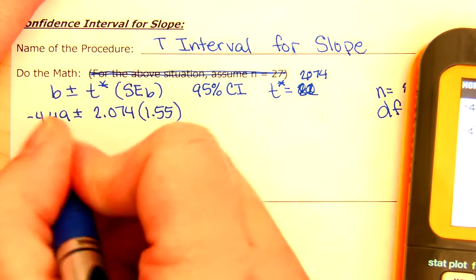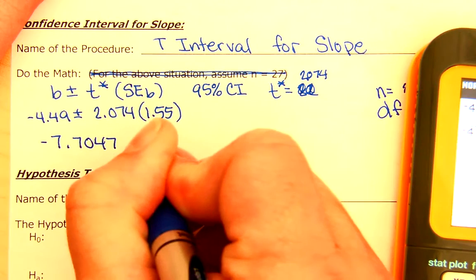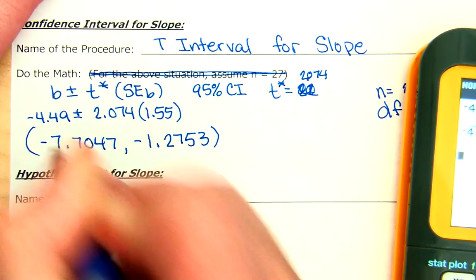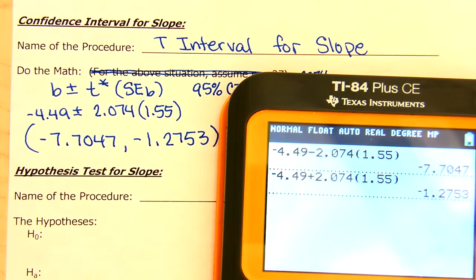So negative 7.7047 to negative 1.2753. So that's my confidence interval. Anyone else have questions on that?